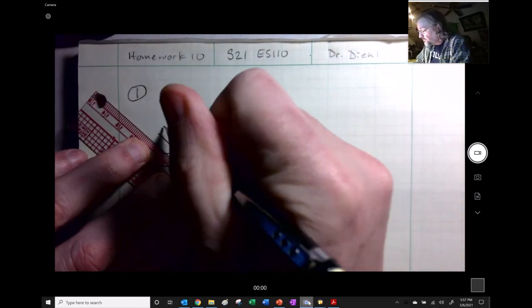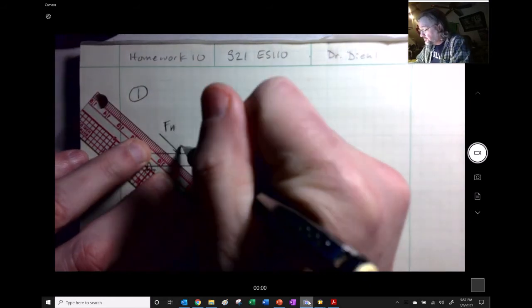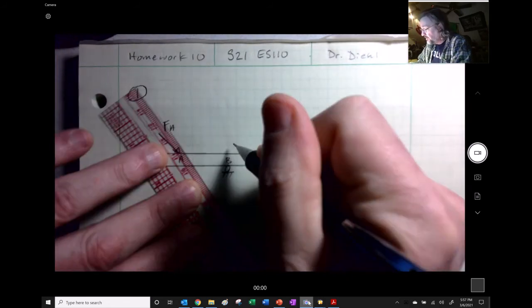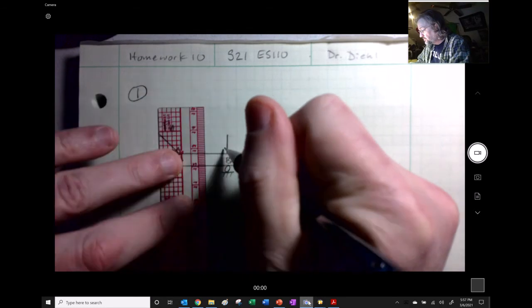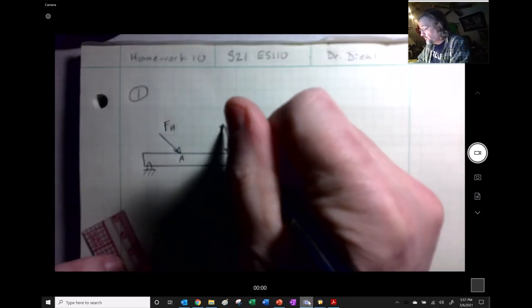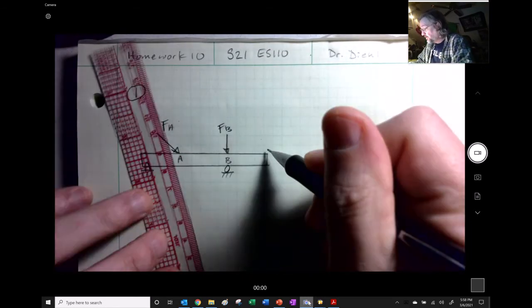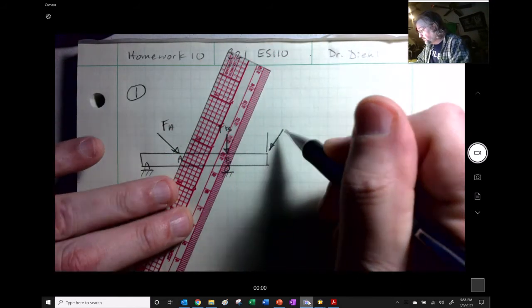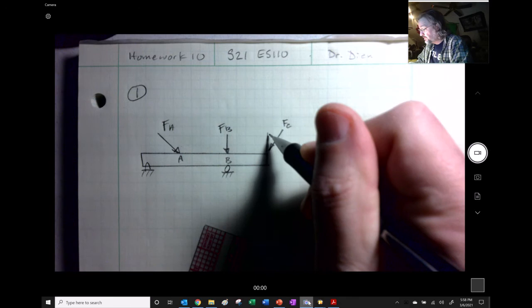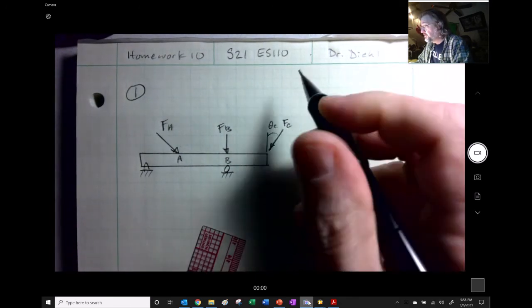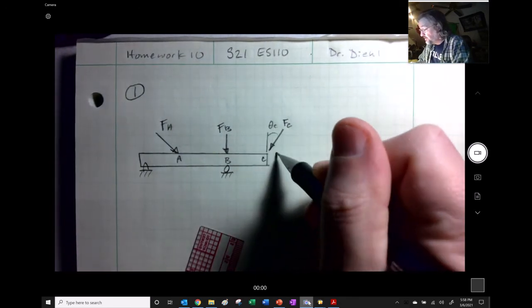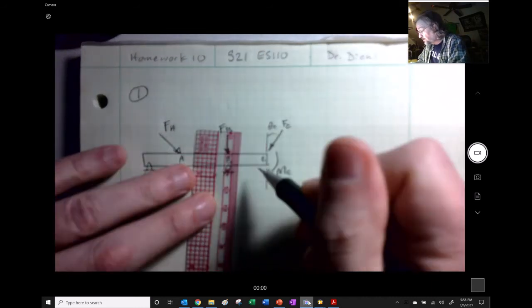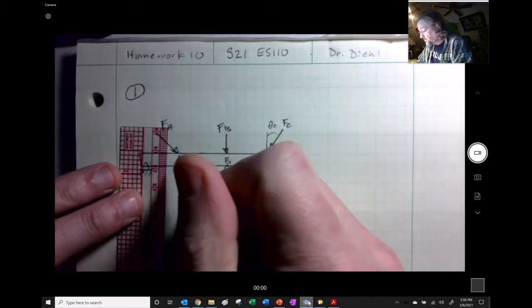Right here is a force at A, and this is A. This is B right here, and FB, and we have FC. This is theta C. This is point C. Here's MC, and the distances.